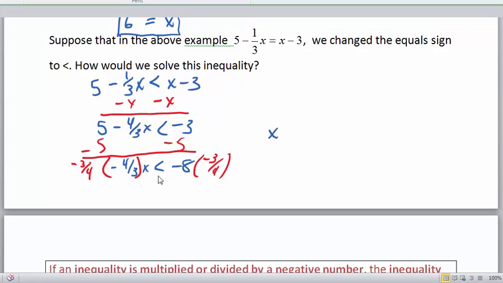I must reverse this inequality sign. So this less than is going to now become greater than. The negative 3/4 and the negative 4/3 cancel, and then negative 8 times negative 3/4 would actually be a positive 6. So I would end up with x is greater than 6 in this instance.